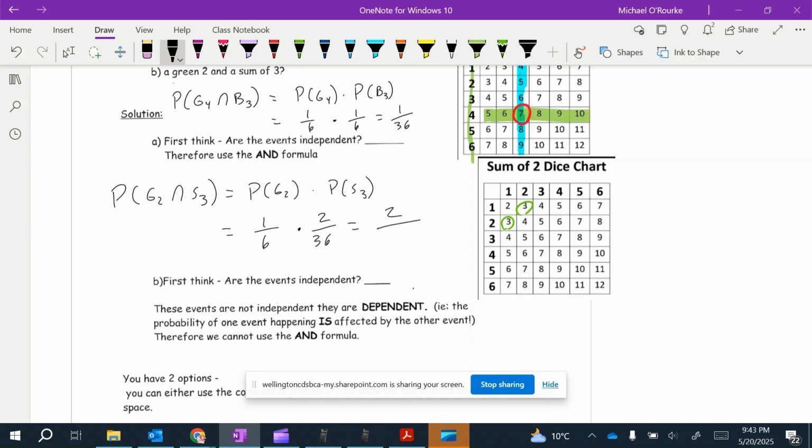That doesn't make sense at all. Let's do this over. So a green 2 is right here. A sum of 3 is going to be right here and right here. So it should be a 1 out of 36 chance. That should be the answer. I'll go back and look over that.